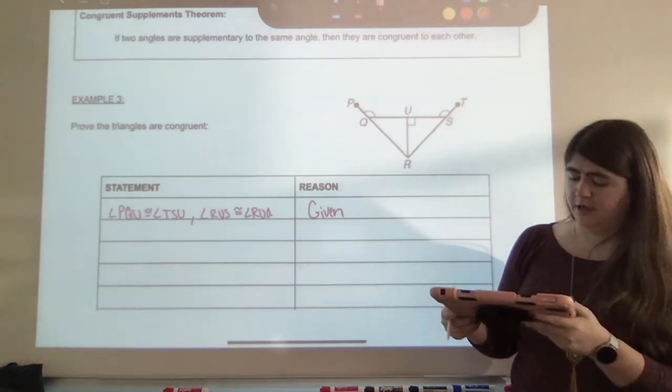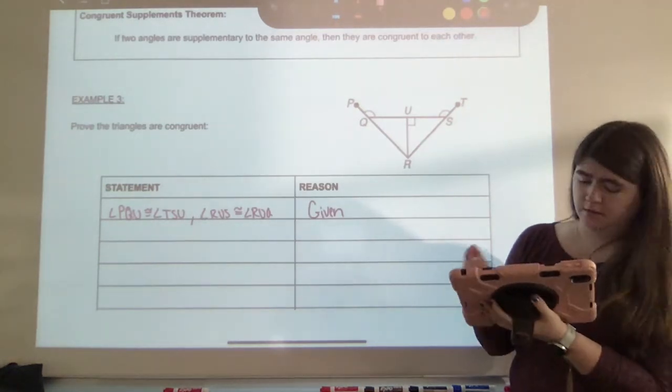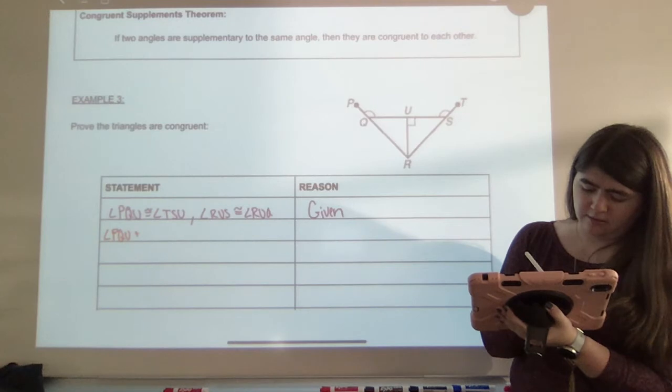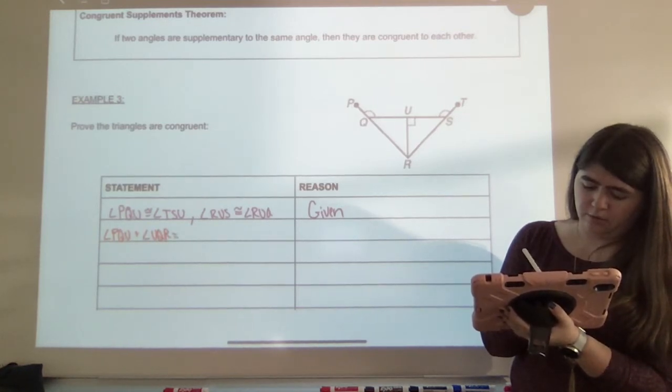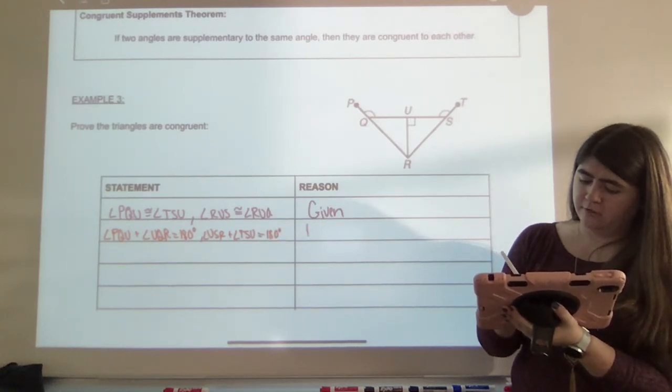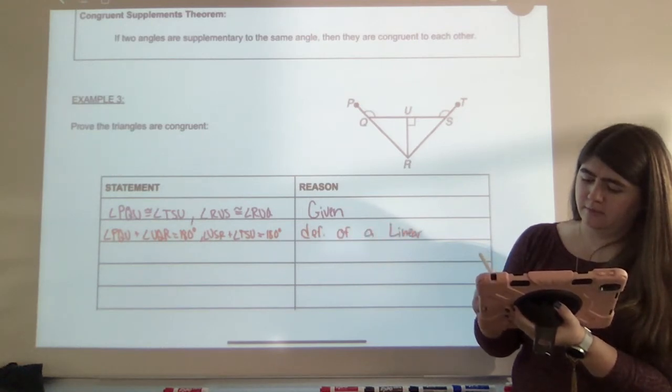So I have in here angle PQU plus angle UQR is equal to 180 degrees, and angle USR plus angle TSU is equal to 180 degrees. Both of those by the definition of a linear pair.